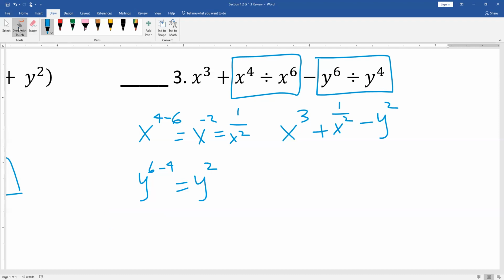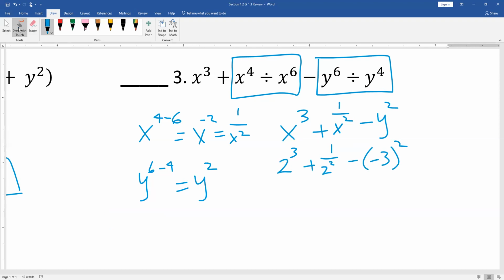So we can go ahead and plug in our values for x and y. x is 2, so this is 2 cubed, plus 1 over 2 squared, minus (-3) squared. Remember, with that being a negative, keep it in parentheses so you don't mess up your actual signs when you complete your exponents.